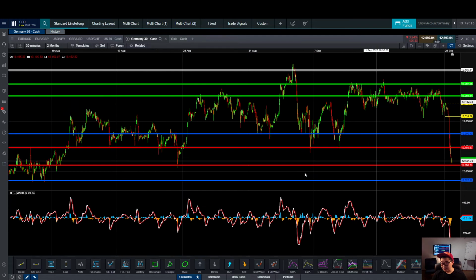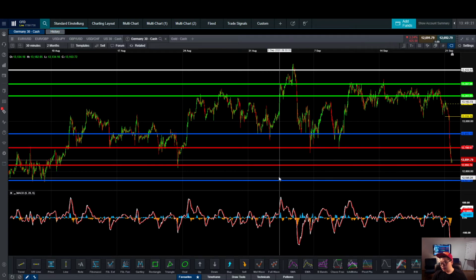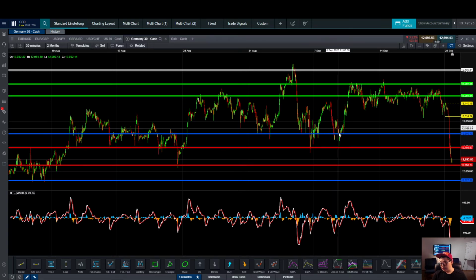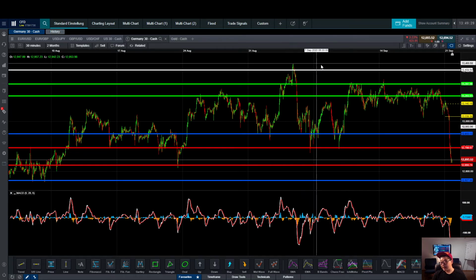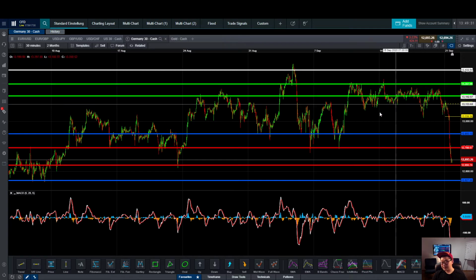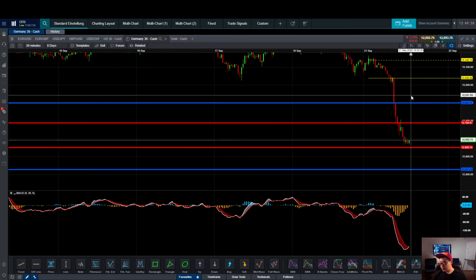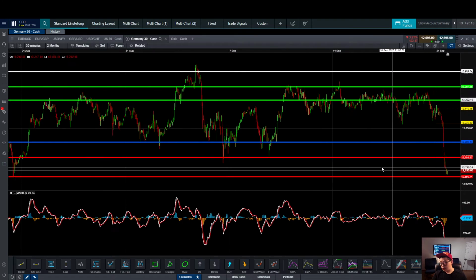However, what we can see here, it did make a lower low completely. Yeah, you see at this support area what it did, it supported, went up, supported, and shot up, right? But it didn't make a higher high, it just kept on moving at this stage. And so what we want to see is that this will go up approximately this area and shoot back down and make a lower low.